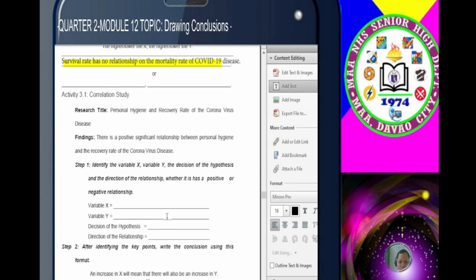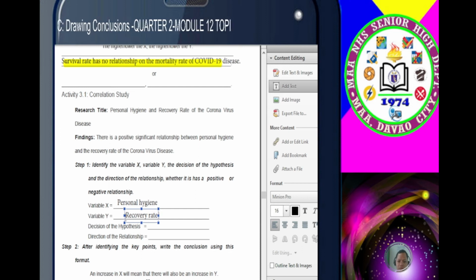Okay, so let's identify the variable x. The x here is the personal hygiene. Then our variable y is the recovery rate.